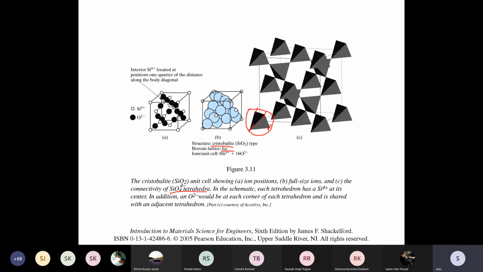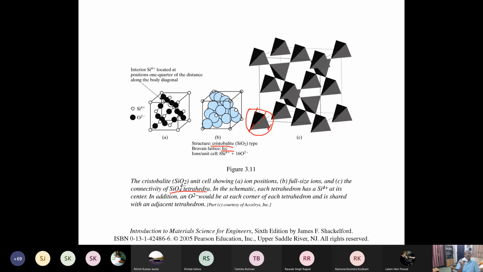Any other question? Sir, why are there 8? I have a tetrahedron. There are 4 corners. At the 4 corners, I have oxygen ions. At the center of the tetrahedron, these black balls, it is my silicon ion.